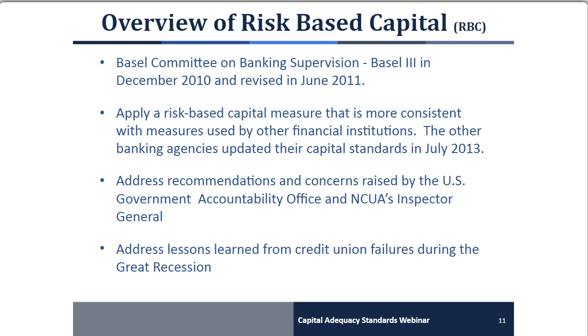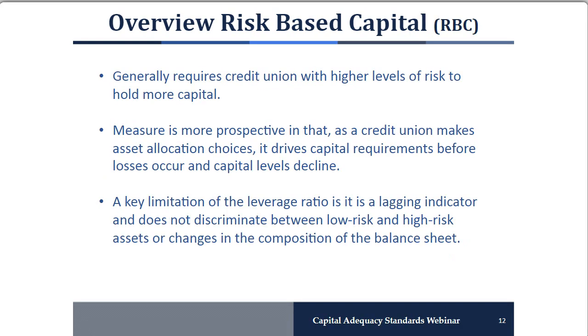With the risk-based capital system, institutions that are holding assets that have historically shown higher levels of risk are generally required to hold more capital against those assets, thus providing an improved capital buffer more appropriate to the level of risk. Further, a risk-based capital measure is more prospective in that, as a credit union makes asset allocation choices, it drives capital requirements before losses occur and capital levels decline.